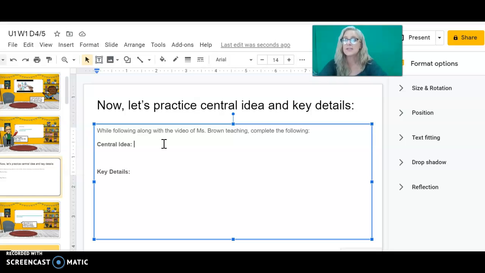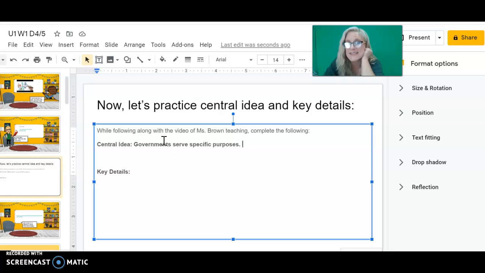Yeah, the central idea would be governments serve specific purposes.